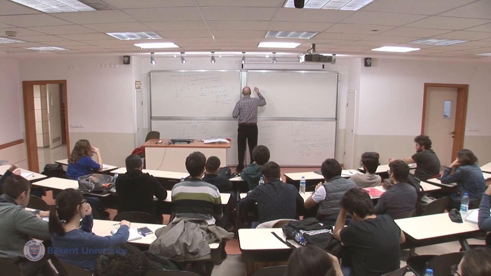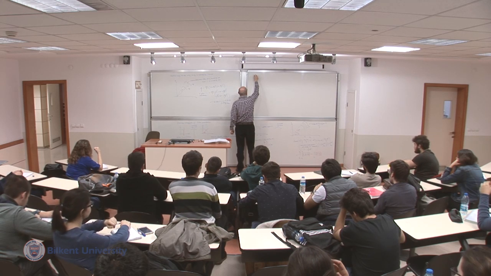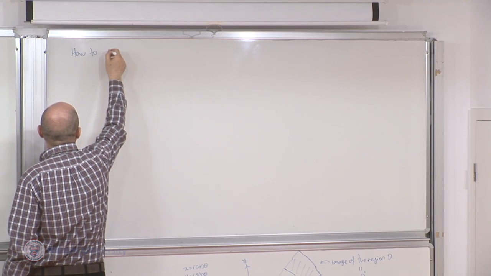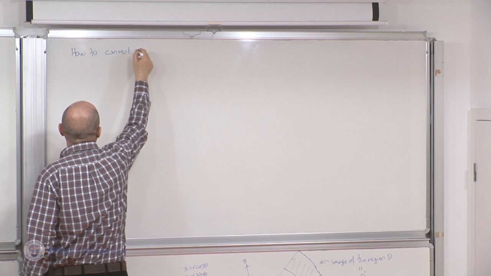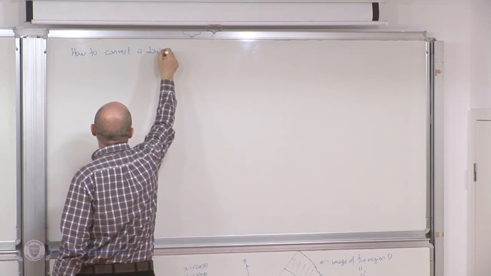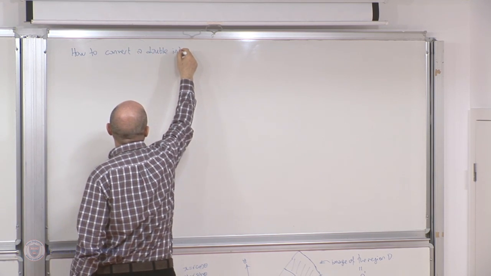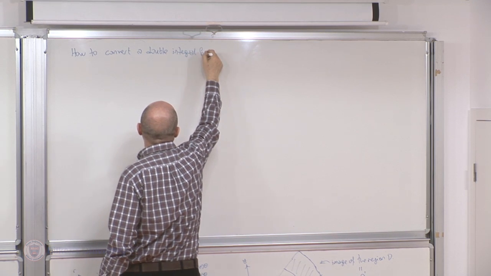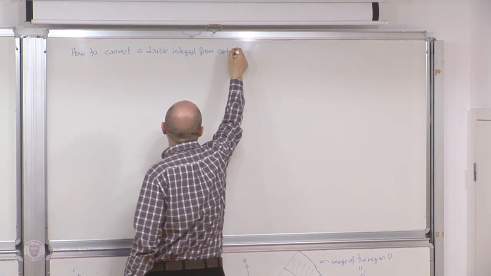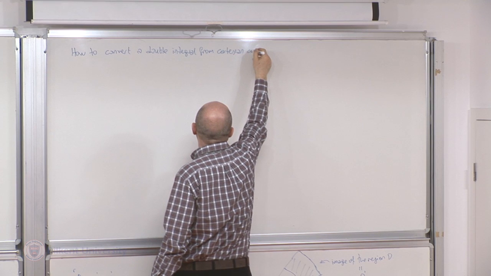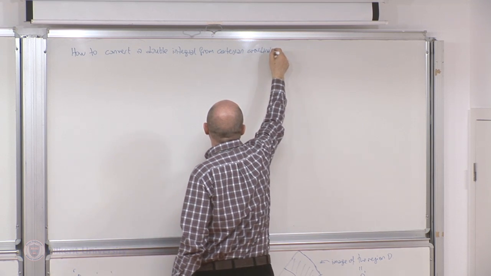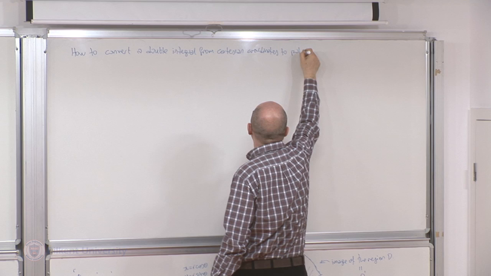So, how to convert a double integral from Cartesian coordinates to polar coordinates.